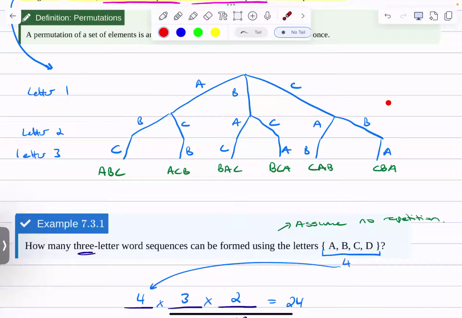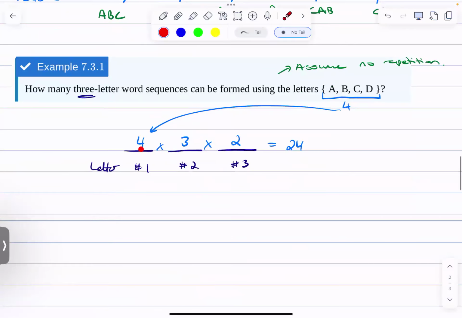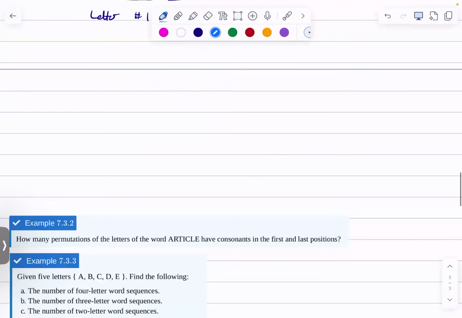You would have 4 branches, and then each of those would have another 4 branches, and then another 4 branches. Although that's kind of fun, it's a little bit tedious. I think the slots are a little bit easier, because then you would just do 4 times 4 times 4. It would make a huge tree, but you could do it if you wanted to.